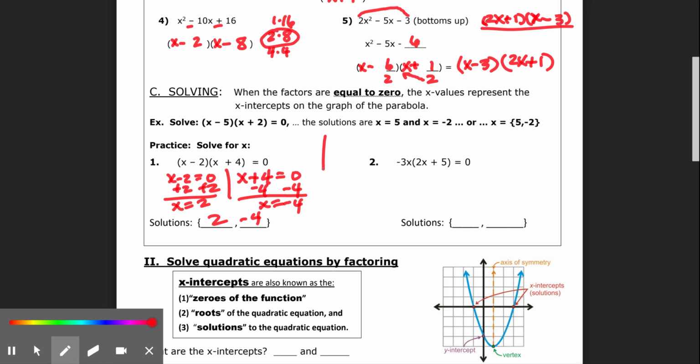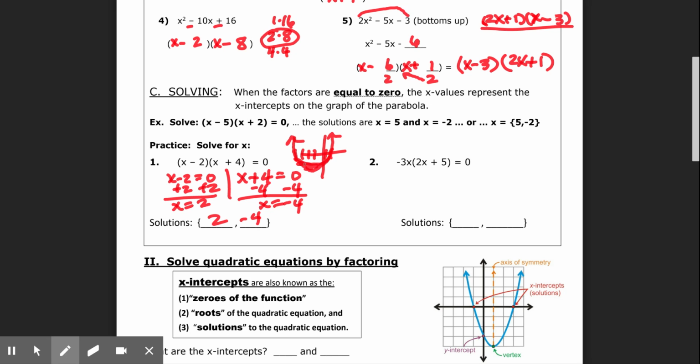I could do that. So we got 1, 2, 3, 4, 1, 2. And so then it would go through at negative 4 and up through at 2. So it would look something like that. I'm not going to get into the vertex right now, but anyways, it would probably go a little bit lower, actually, more like that. So that's what your parabola would look like.